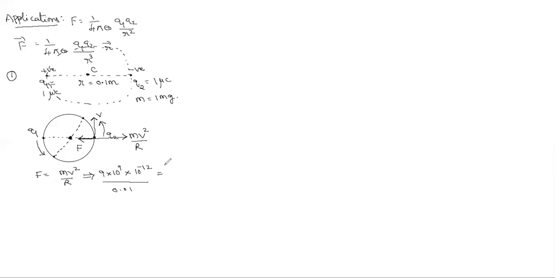This is 10 power minus 2. And the mass is 1 milligram, that is 10 power minus 3 gram, which is then converted into kg, into v square by 0.05, meaning 0.1 divided by 2.